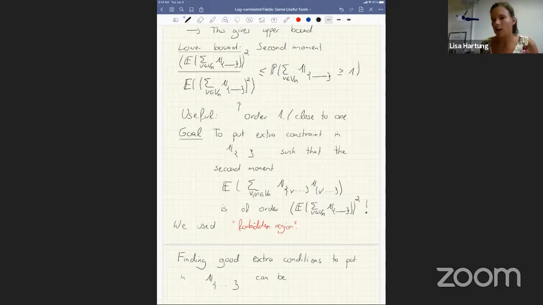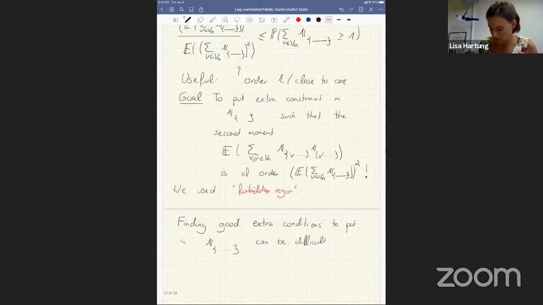And sometimes you can do it in several steps. What do I mean with several steps?